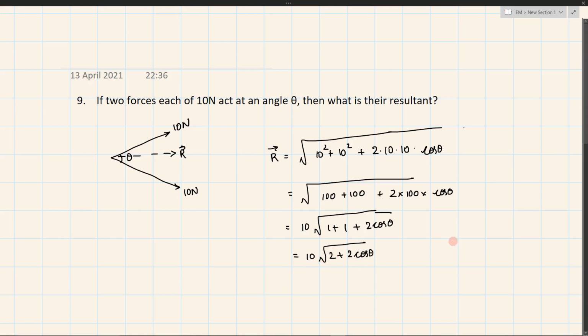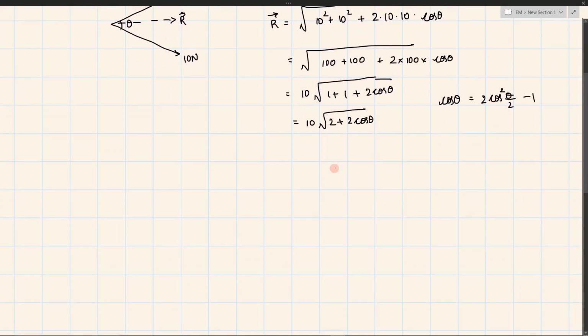Okay, so I can write cos theta as 2 cos square theta by 2 minus 1. So if I substitute that, I'll have 10 into square root of 2 plus 2 into 2 cos square theta by 2 minus 1.